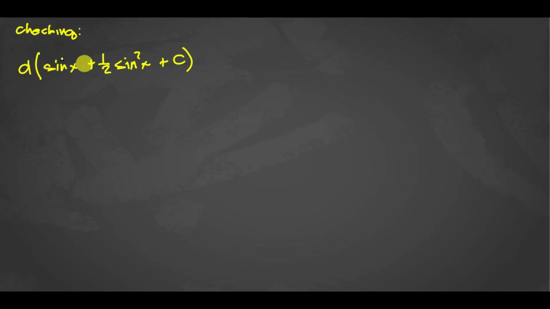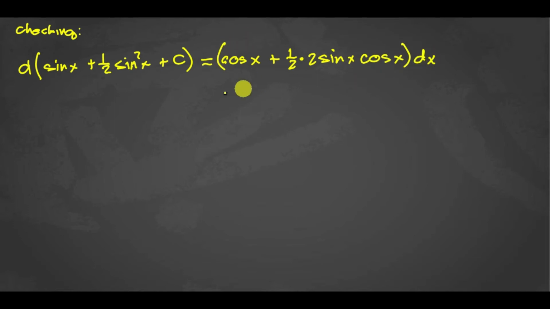By checking, we take the derivative of our final answer, where the derivative of sine x is cosine x, plus the derivative of 1/2 sine squared x, which is simply 1/2 times 2 sine x, and the derivative of sine x using the chain rule is cosine x, dx. The 2 will cancel out, then taking out the common term, cosine x, we get cosine x (1 plus sine x) dx.